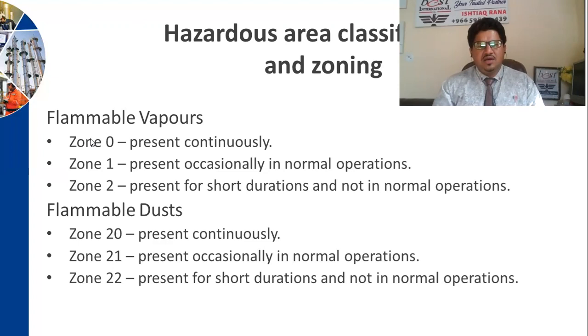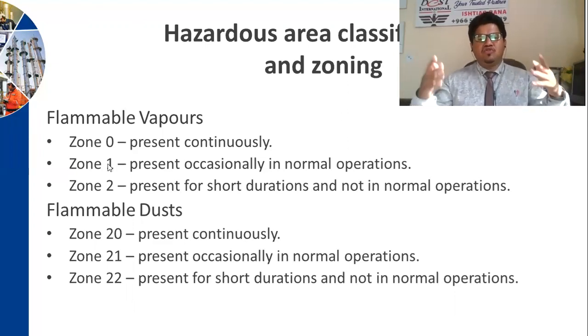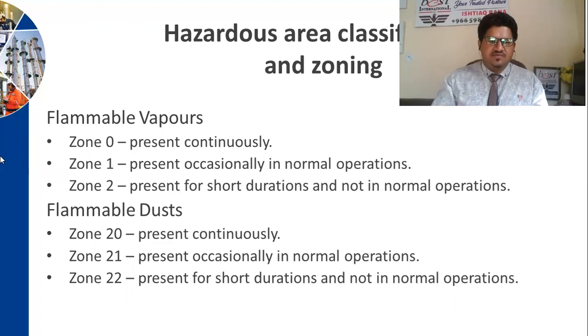If you see zone 1, that means PO: present occasionally in normal operations. And if you see zone 2, it means flammable vapors present for a short duration and not in normal operations. So 0, 1, 2 are the zone numbers we can classify for flammable vapors.